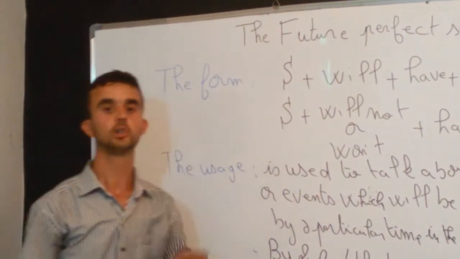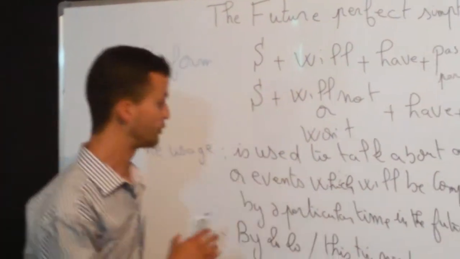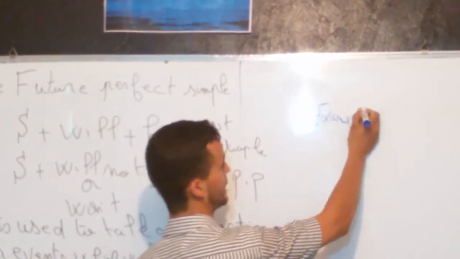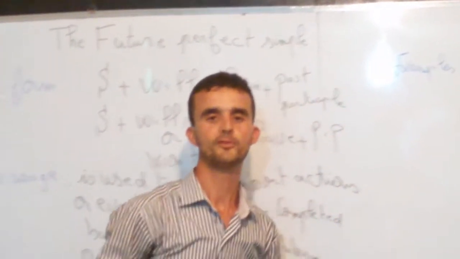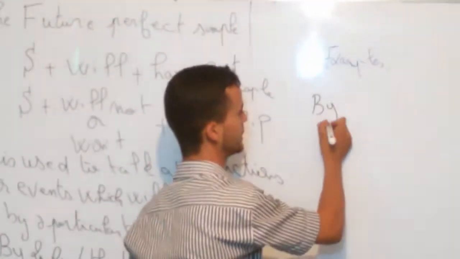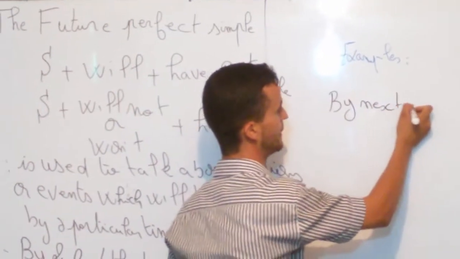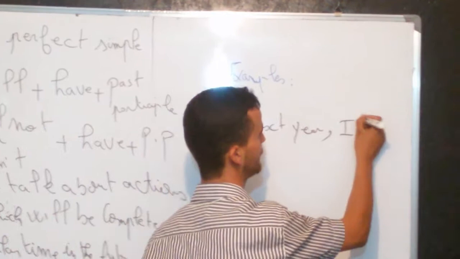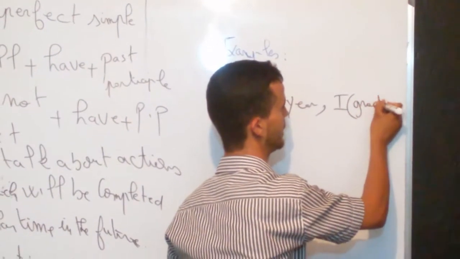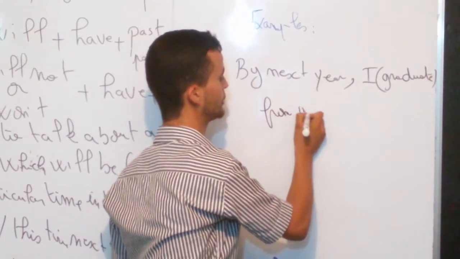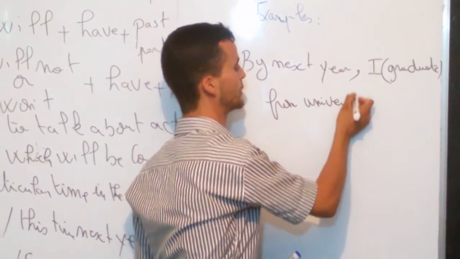Now, let's have a look at some examples to fully understand the future perfect simple. Here are some examples of the future perfect simple. By next year, for example, I graduate from university.